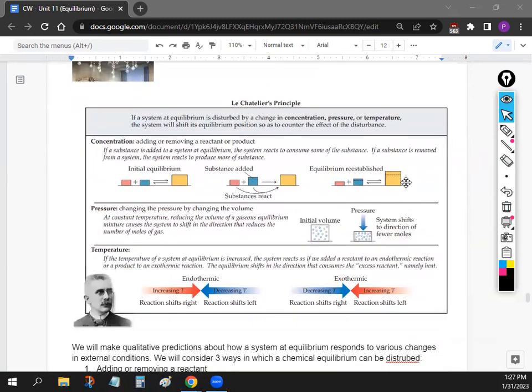If the system at equilibrium is disturbed by a change, the system will shift its equilibrium position to counter the effect of the disturbance. Okay, basically it's going to change its equilibrium point in order to accommodate that disturbance. Okay, so it's like a chandelier. It swings this way, equilibrium is going to swing the other way in order to mitigate that change. So the chandelier actually works.